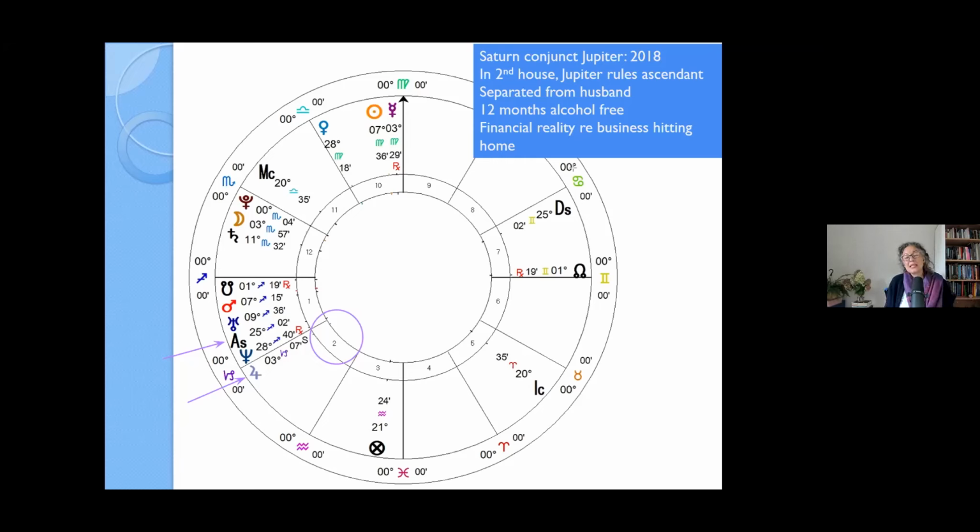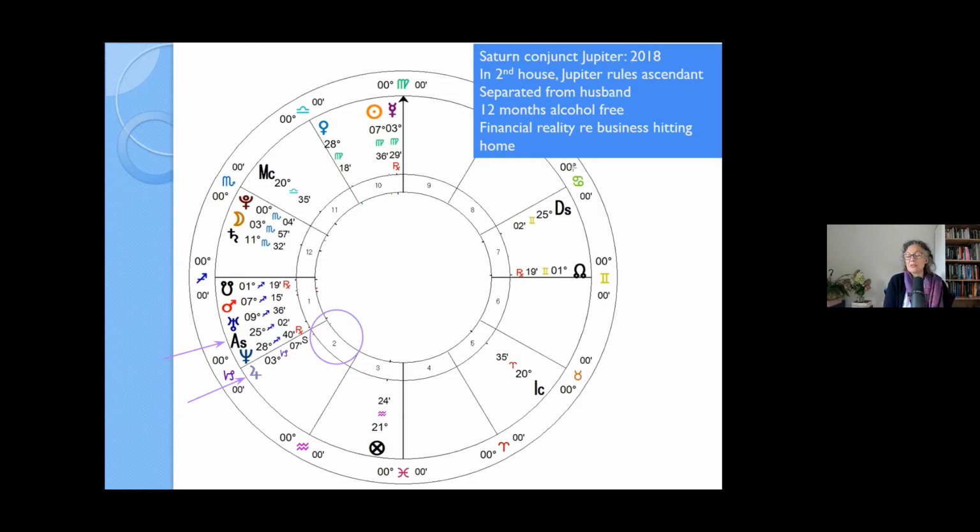And there was a really difficult financial reality check that she got about her business that hit home, that things weren't as viable. There was a fault line there in the business's finances that took her quite some time and energy to fix and repair. Now, keep in mind that if Jupiter in your chart is in Cancer or Pisces or Sagittarius, where it's exalted or in rulership, you might have some more productive, accumulative experiences from your Saturn-Jupiter transit.